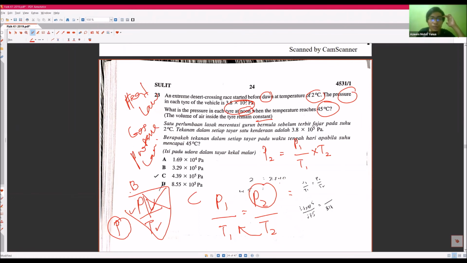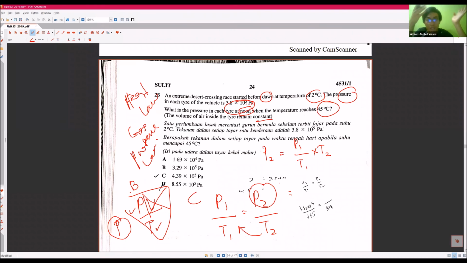Whenever you see temperature, you must think for a while: do I need to change it into Kelvin? Don't just plug in the temperature. Same like the question before, the mc theta, for example. Do you need to change into Kelvin? Yes or no? Because if you do change the temperature into Kelvin, you get the same answer.